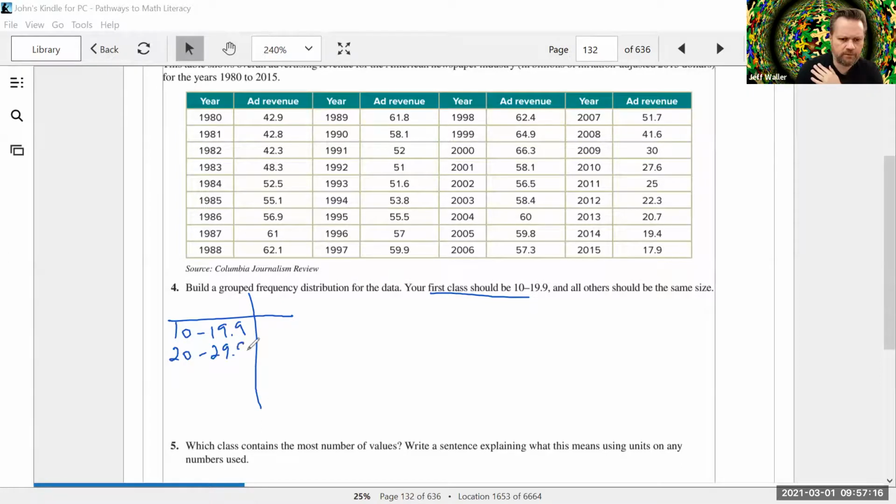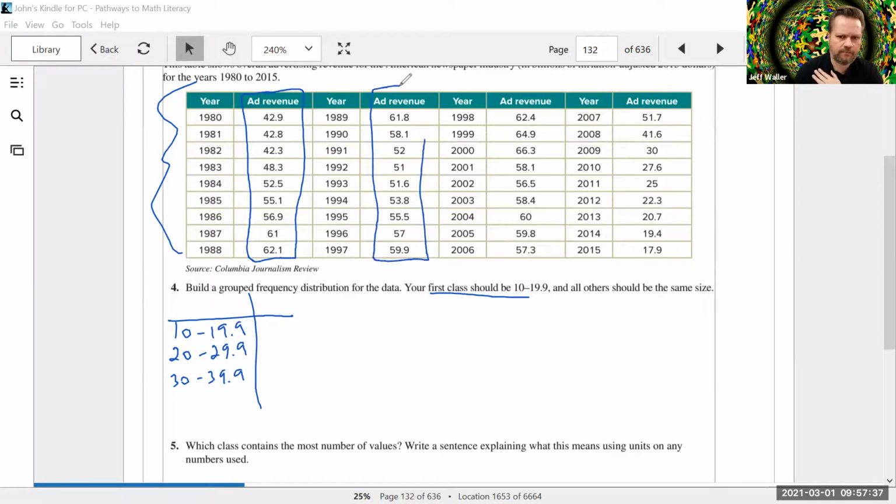Is that cool? Yeah, that's why I don't understand how we start from 10. Is it because they ask about the year? No. The year is sort of a data, but the main data point is the ad revenue. That's the data. Oh, okay. So how many data points were there between 10 and 19.9?